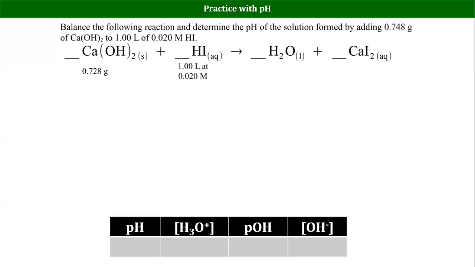Give me 2 more sig figs for this one, because we started with 3 sig figs on the mass. Only 2 sig figs on the HI because of the concentration.